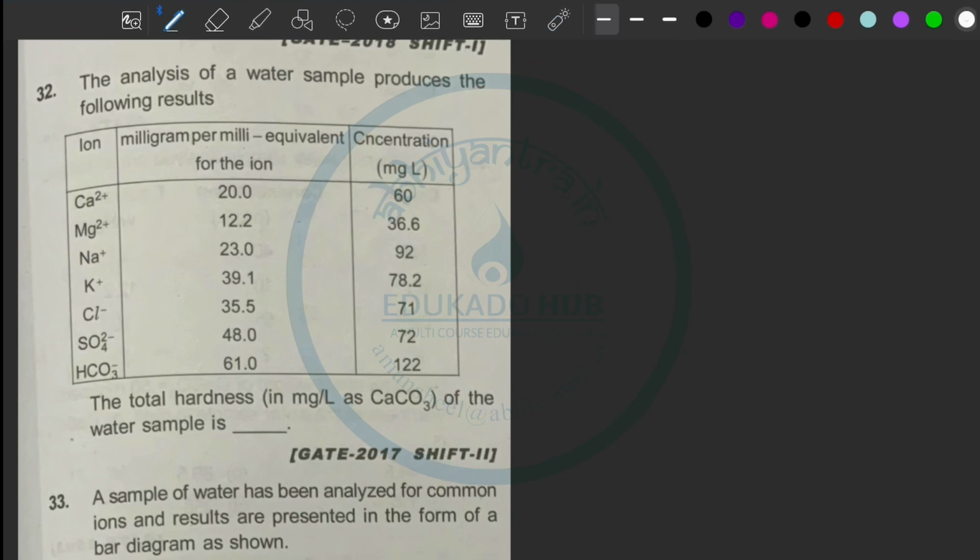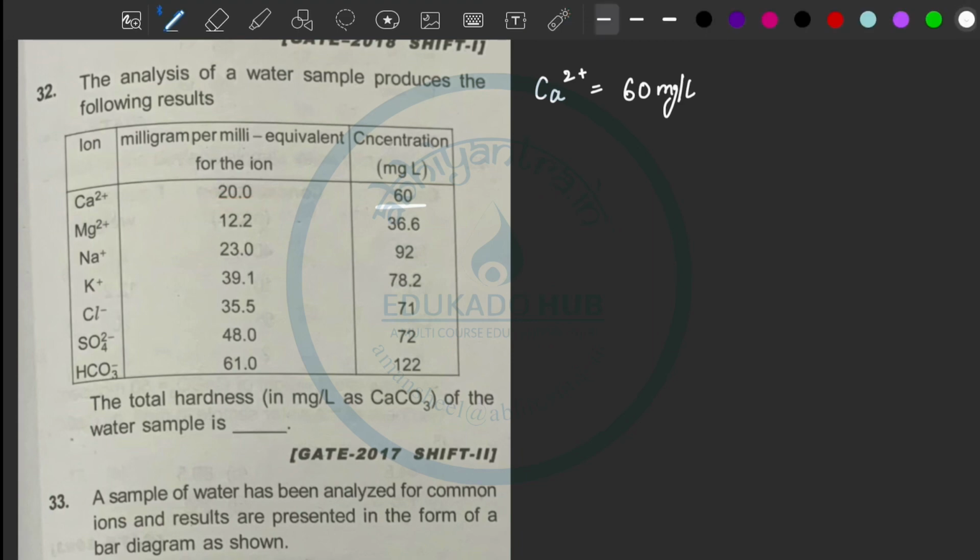Now for calcium 2 plus, they have given the concentration 60 milligram per liter, and its equivalent weight is also given, that is 20.